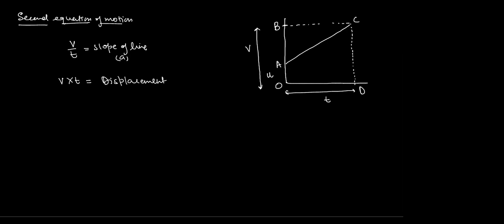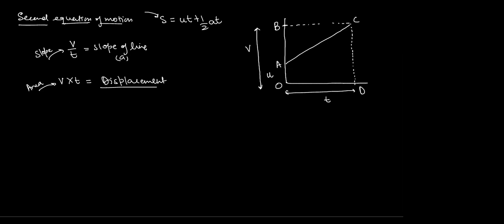Here when we write it in p upon q form, then the slope of the line gives you the acceleration. And when we write it as v into t in the multiplication form, not the division form, then the area under the v-t graph will give you the displacement. Now we are going to find the value that s is equal to ut plus half at square, and it is the displacement, and displacement is given by the area under the v-t graph.